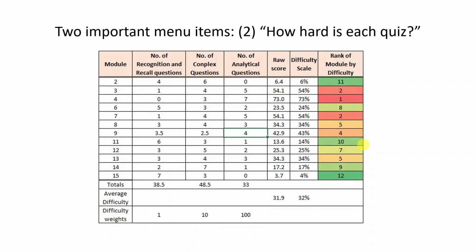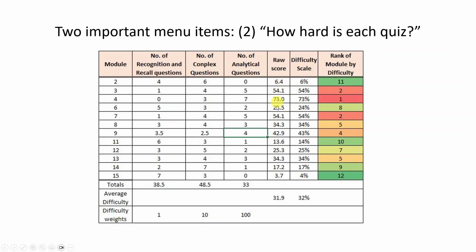Now, there's another menu item which is called how hard is each quiz? And this just goes through and says how many recognition and recall questions are there, how many complex, I misspelled that, questions are there, and how many analytic questions are there. And I score those with just some weights here, right?